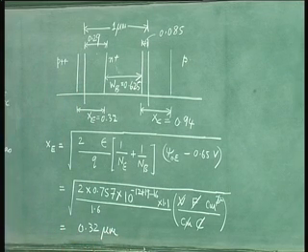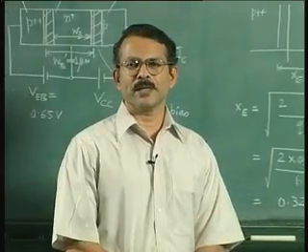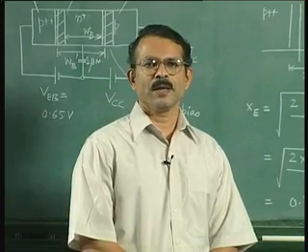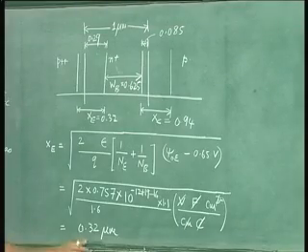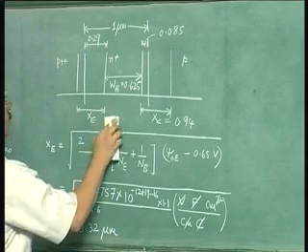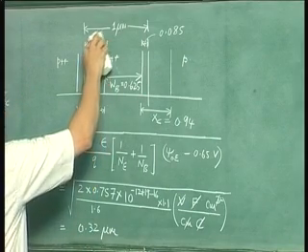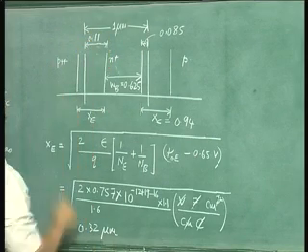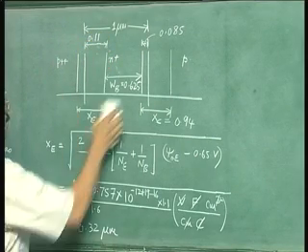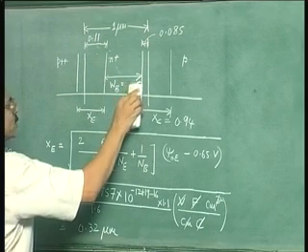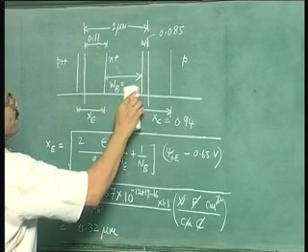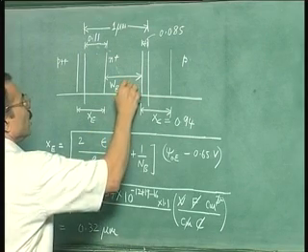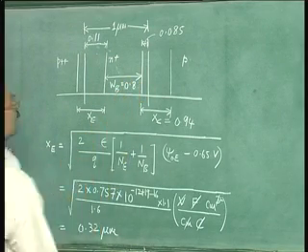Now when you recalculate the emitter depletion layer parameters using this new value of potential across the emitter base depletion layer, you will finally get this value as 0.11 microns, and as a result this base width will get modified to about 0.8 micrometer.